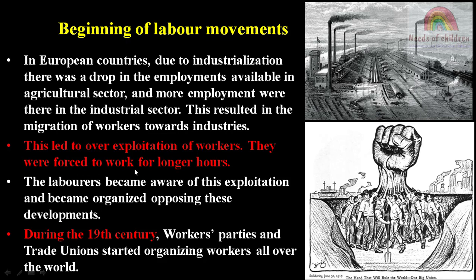They were forced to work for longer hours. The laborers became aware of this exploitation and became organized, opposing these developments. During the 19th century, workers' parties and trade unions started organizing workers all over the world.